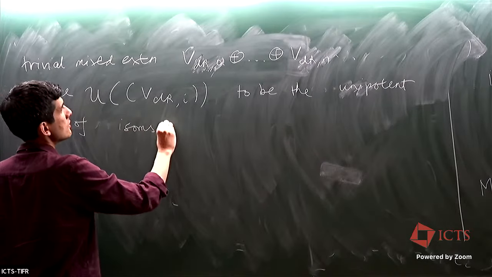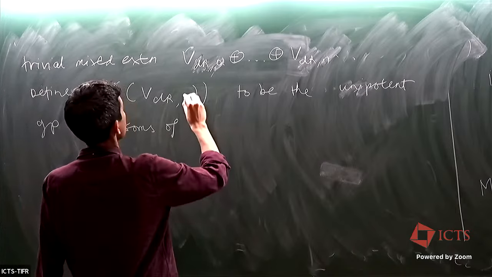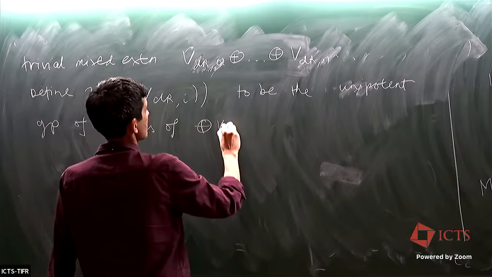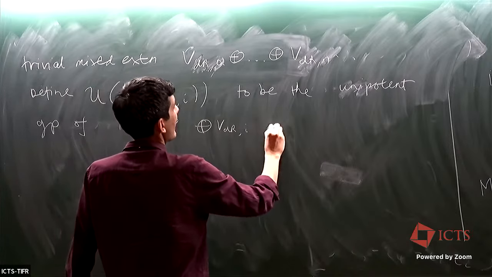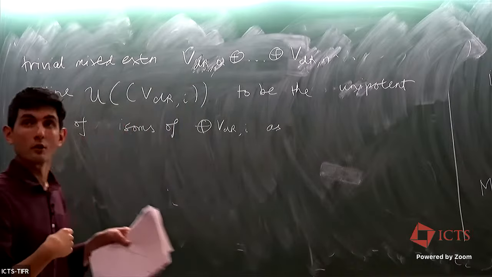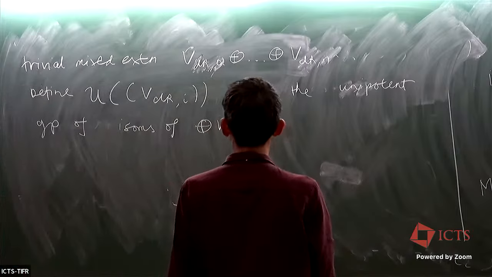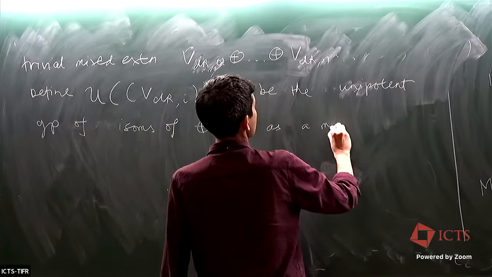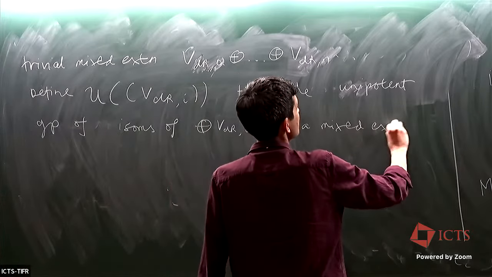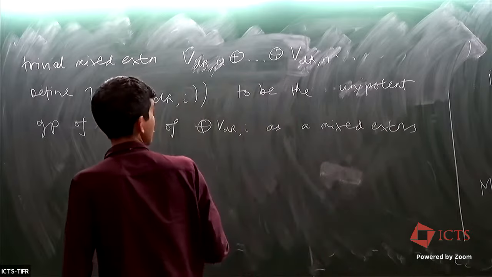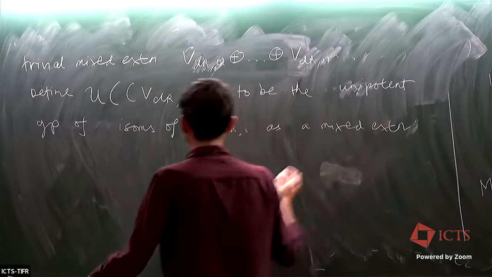of isomorphisms of this trivial mixed extension V dR I, where we're not asking they respect any structure except the filtration. So they don't have to respect the Hodge filtration or the Frobenius. We could phrase that in my silly language of mixed extensions as a mixed extension of Qp vector spaces.